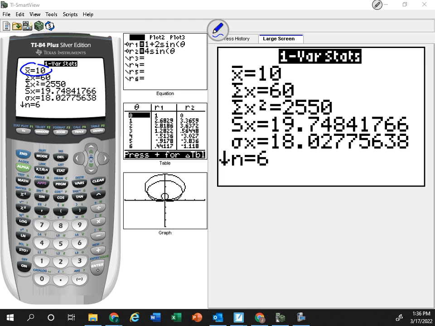We got 10 and we got our sigma. Is it always going to be this list? No, it's whatever list you put it in. In list 1, I put the values of the sides of the die, but those have nothing to do with the mu and sigma of the score.